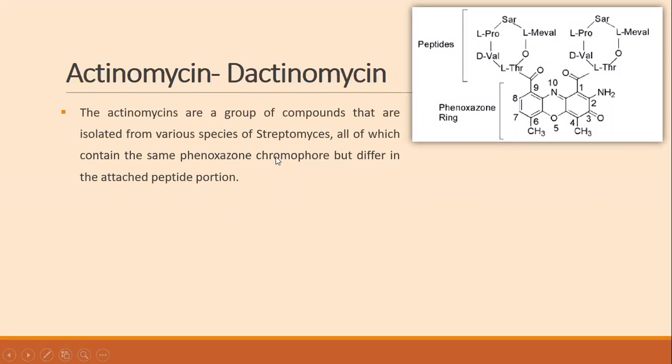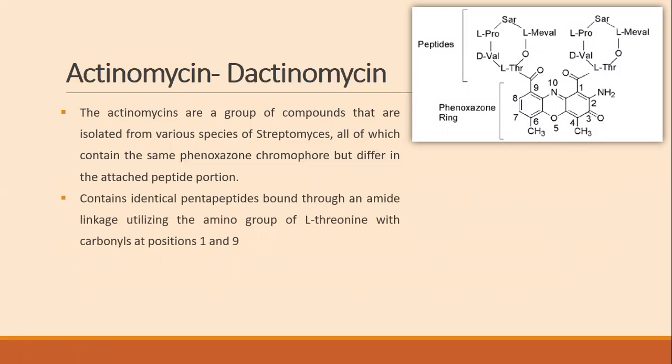Actinomycins are a group of compounds isolated from various species of Streptomyces, all of which contain the same phenoxazone chromophore, but differ in the attached peptide portion. This peptide portion and phenoxazone nucleus are the main features of actinomycin, responsible for its anti-cancer, anti-neoplastic activity.